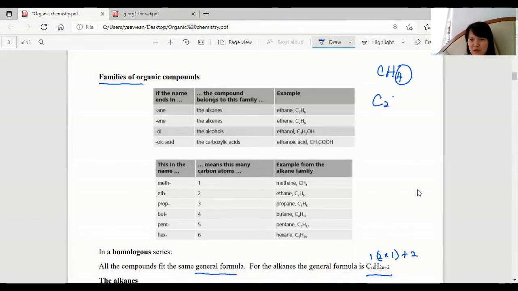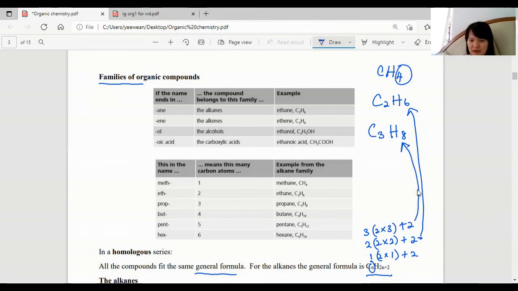Ethane, C2H6. So the n would be 2. 2 times the n is 2. That makes 4 plus 2, that's 6. C3H8. So I have 3. 2 times 3, that's 6, 7, 8. So they all fit into this formula.